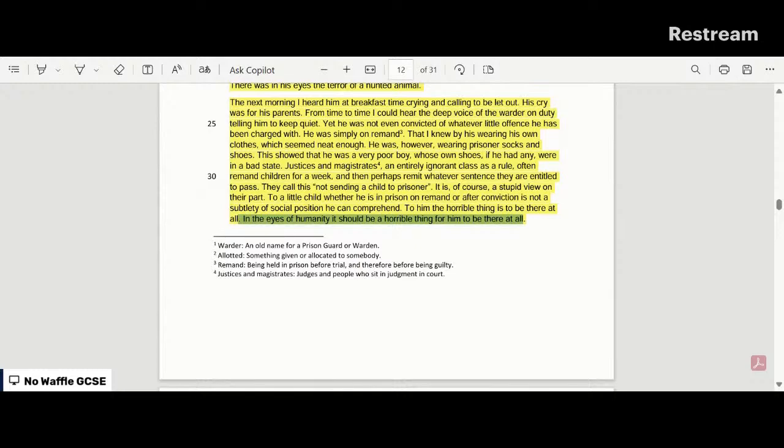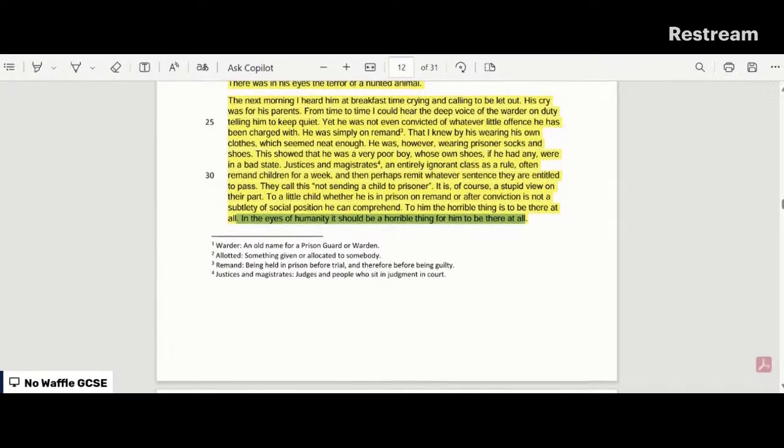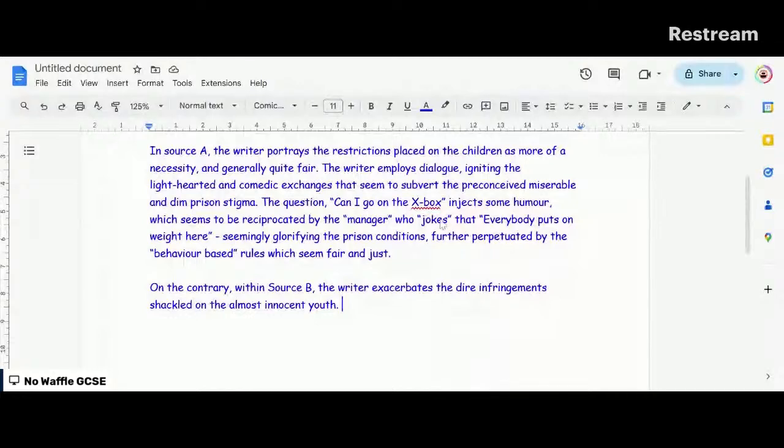Okay, so hopefully that makes sense, and we're going to talk about that now in our point. So he uses very convincing language, so the declarative, and then we can just copy and paste that. So in the eyes of humanity, it should be a horrible thing.